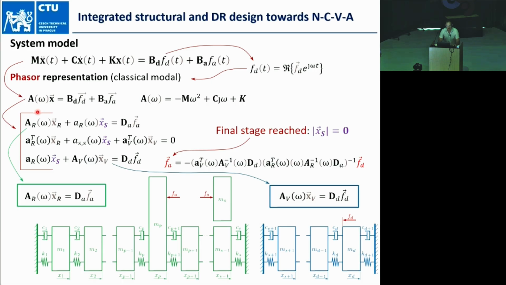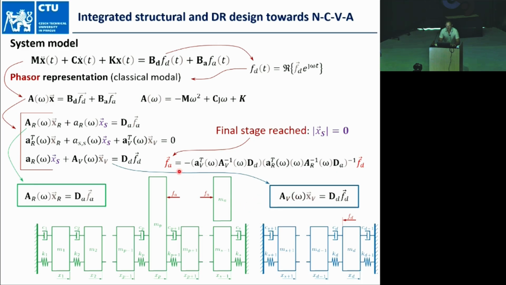Okay, so this is the system representation in phasor form, for our original system. You see that here we have the phasor XX of the body which we want to stop. When actually stopping it, we can split the system into simpler subsystems. This is for the resonating, and this is for the vibrating subsystem.